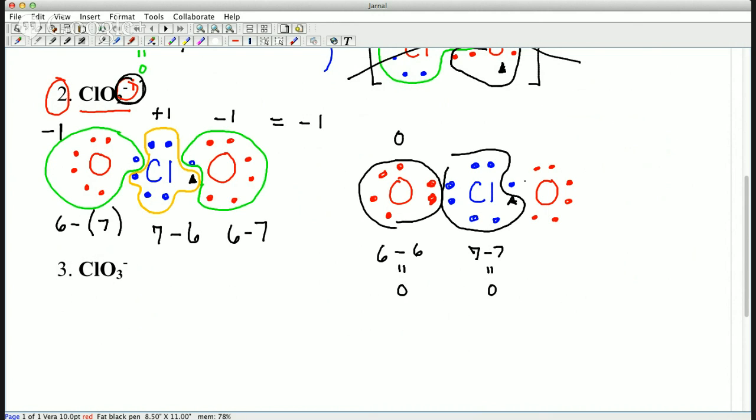7 minus 7 gives me a 0. And that's a cool thing, because as we learned from last night, when you can have the lowest formal charges, that means that there's the least amount of movement of electrons to make your structure work. And the next one, you take half of its bonding and all the lone pair, and what we get is 6 minus 7, which gives me a -1.